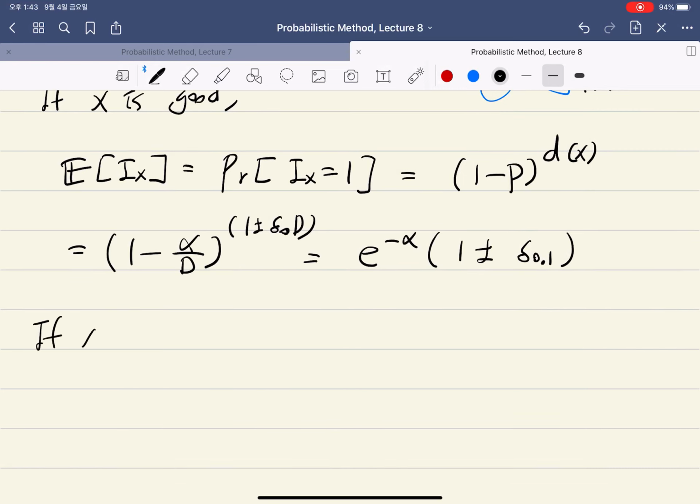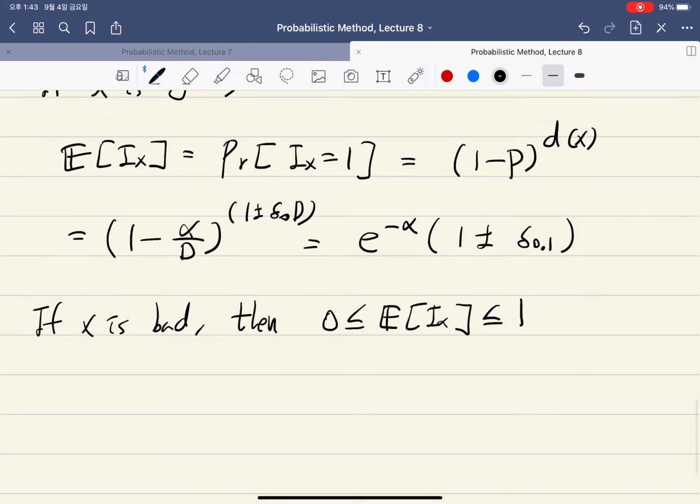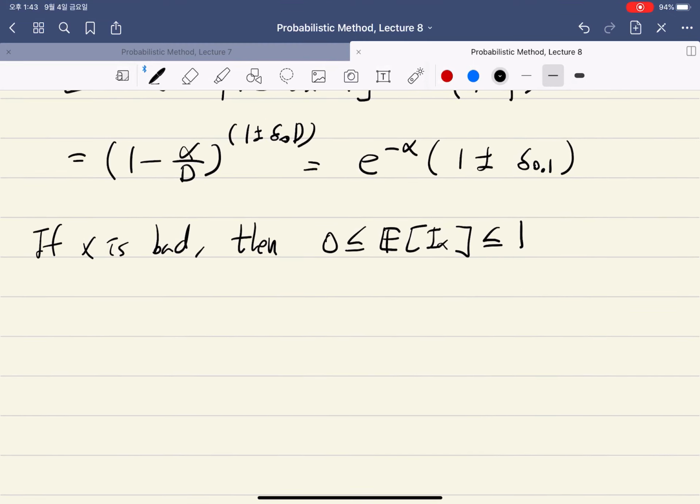And if x is bad, then obviously the expectation of Ix is between 0 and 1. We don't really need to optimize this value, because there are only a small number of bad vertices. So the expected size of V prime is what?